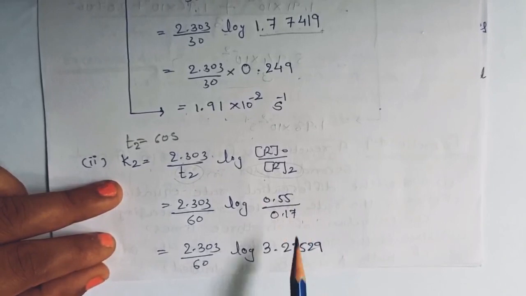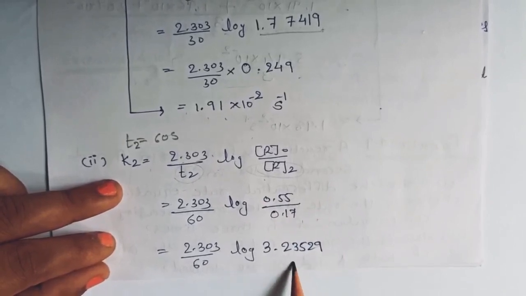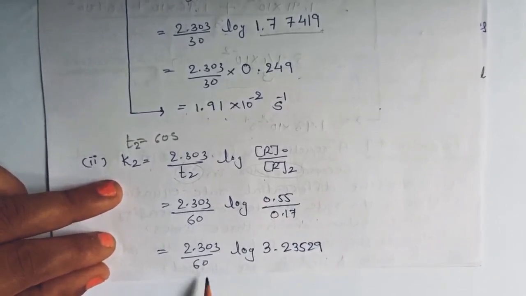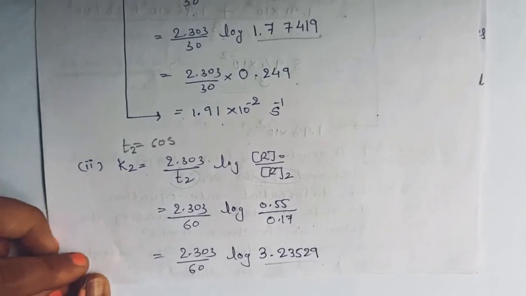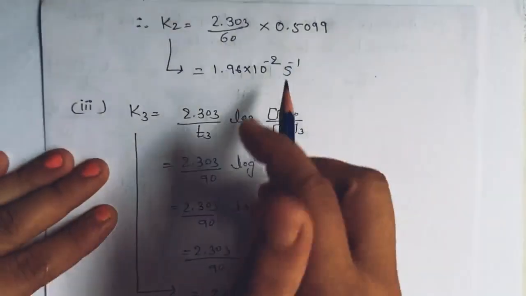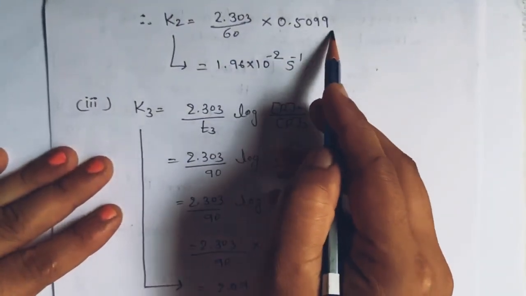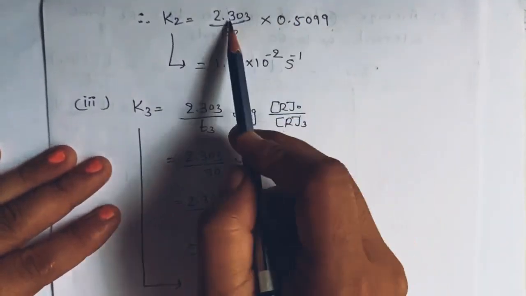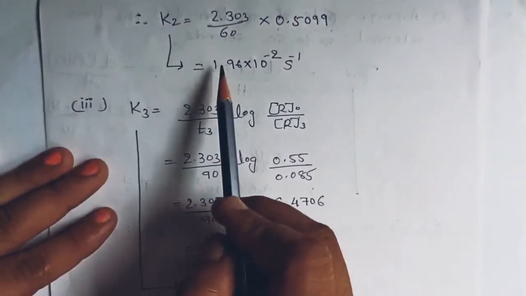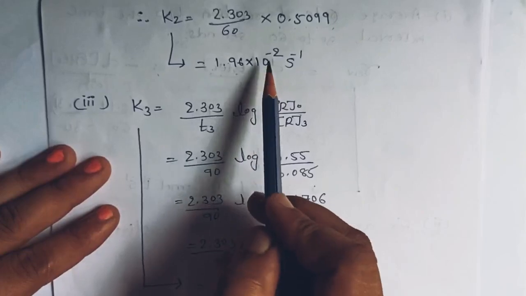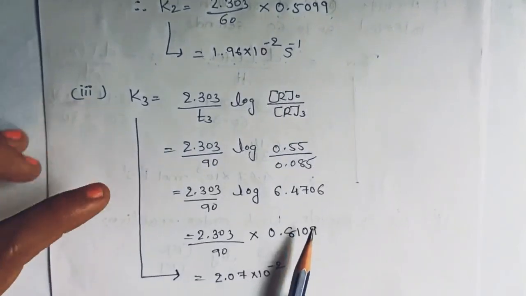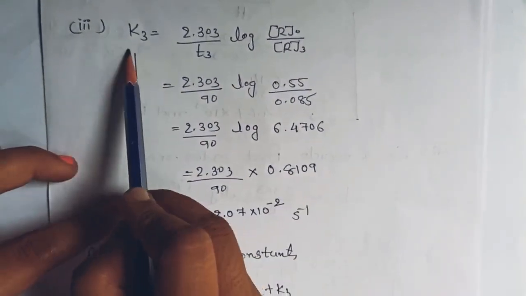If you divide that term, you will get 3.23529, right? So you have to see the log of that term, you will get 0.5099. Now if you simplify that, you will get K2 is equal to 1.96 into 10 to the power minus 2 second inverse.